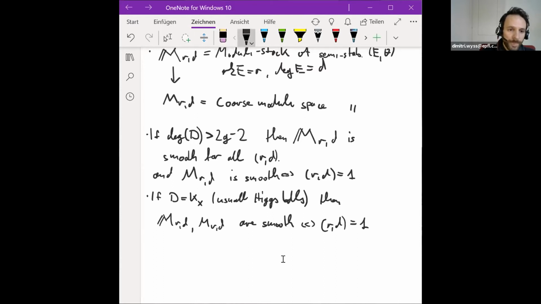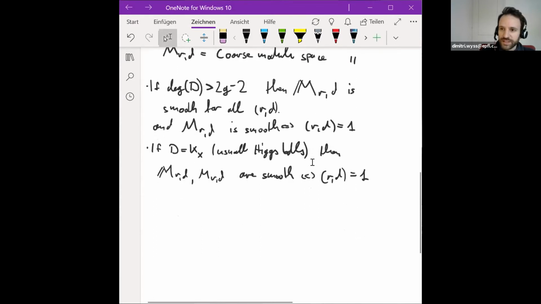So in the case of the canonical bundle, the stack can also be singular. It will be singular in general if you don't impose this coprimality condition. And so from now on, we'll assume that our D is either of degree bigger than 2g minus 2, or D we take to be the canonical bundle.